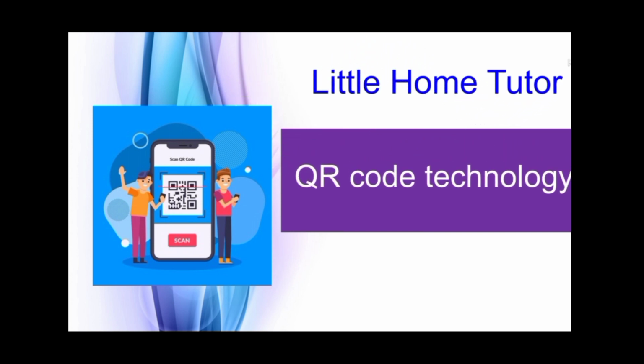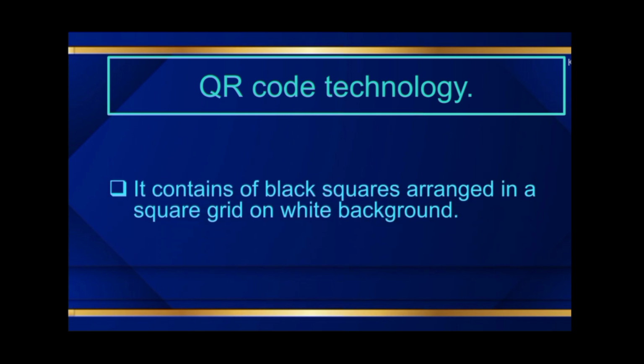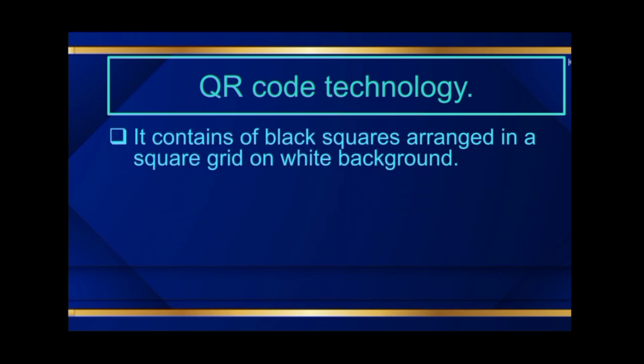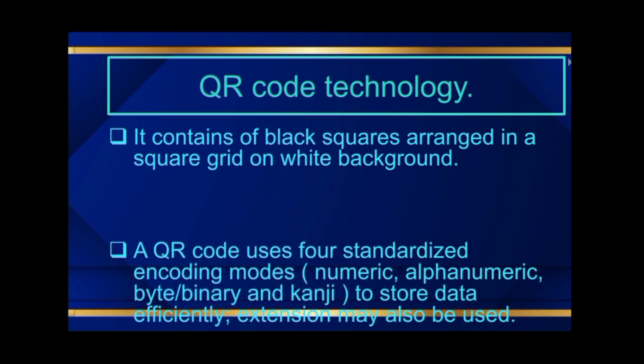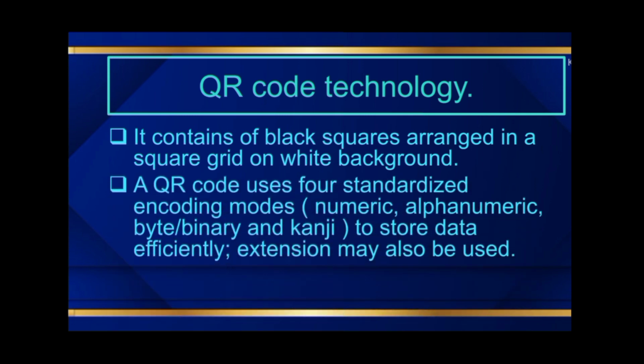QR code technology. So now we are going to understand technology of QR code. It consists of black squares arranged in a square grid on white background. A QR code uses 4 standardized encoding modes: numeric, alphanumeric, byte/binary, and kanji to store data efficiently.